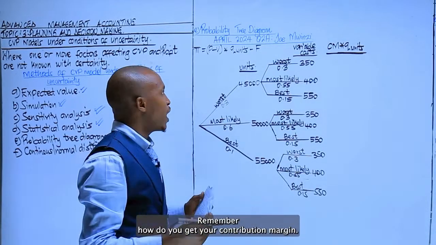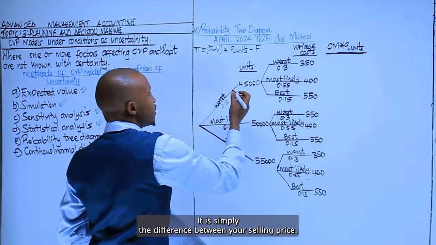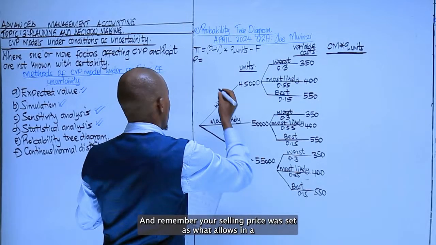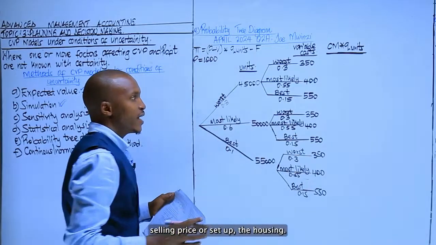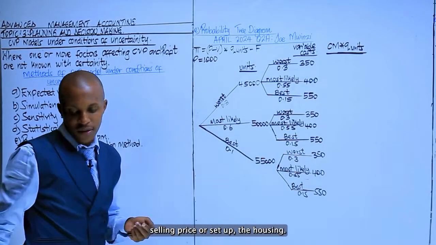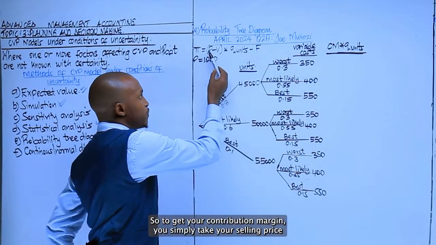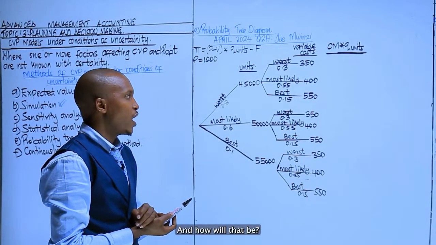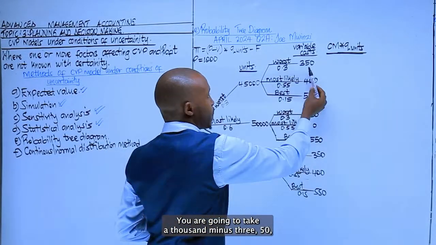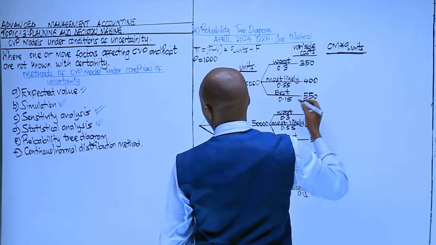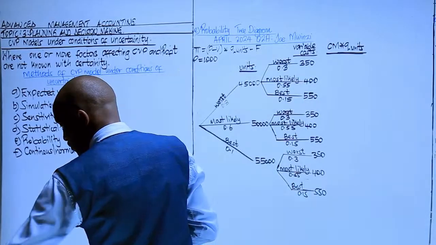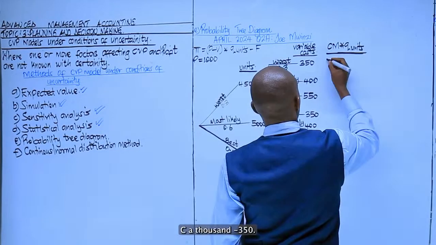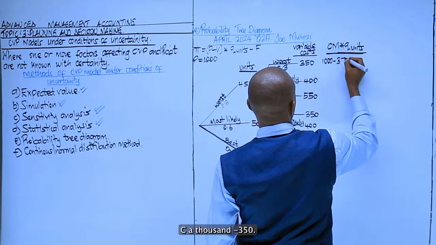Remember, you get your contribution margin simply as the difference between your selling price, which was set at 1,000, and your variable cost. So you take 1,000 minus 350.